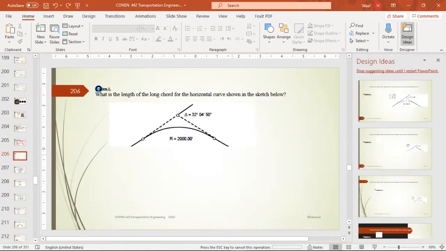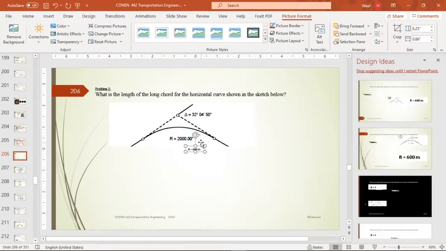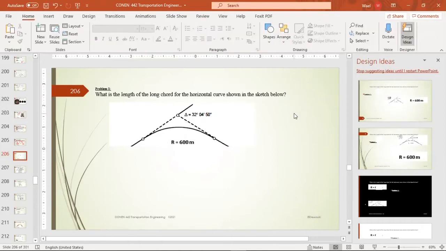So here the problem is, what is the length of the long chord for the horizontal curve shown in the sketch below? So basically what we are looking for is the long chord.